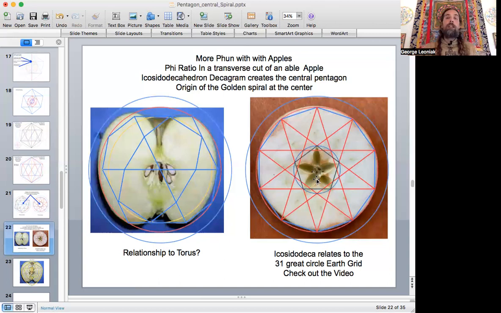So that is just another reason to think about the icosahedron's root 5 line going through the center as being the origin of the funnel of spirals along that axis.